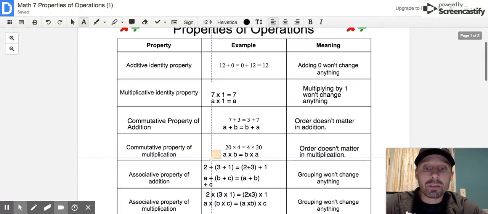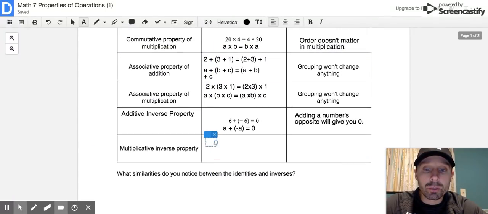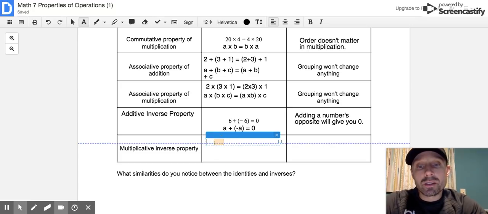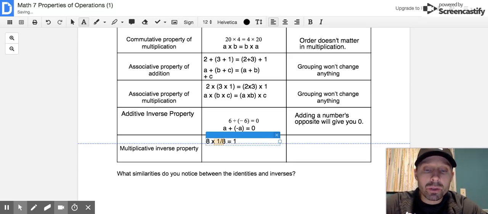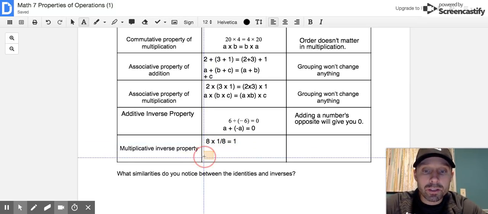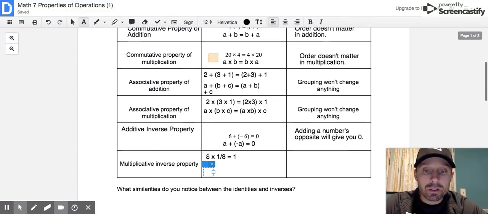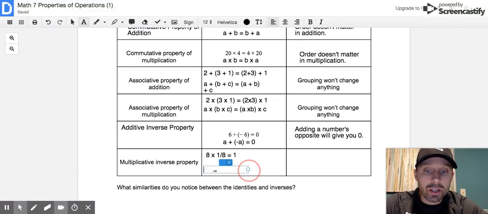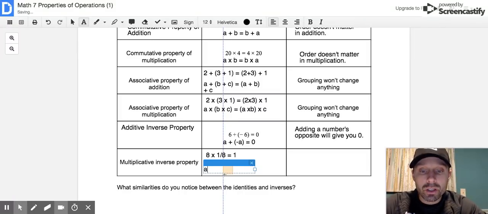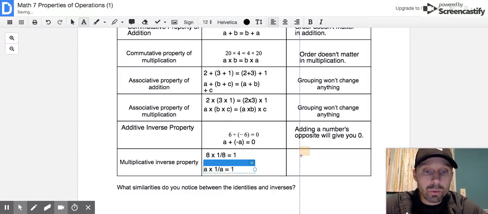The multiplicative inverse property is a little bit different. It says that any number, so for instance 8 times its reciprocal, is going to give you a result of 1. And we can also see that in terms of variables, a times 1 over a is going to equal 1.